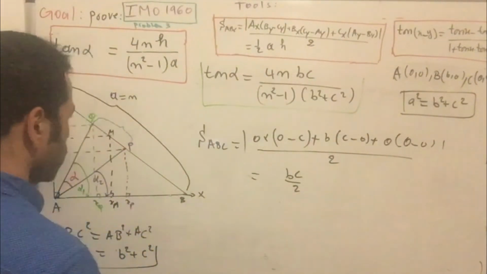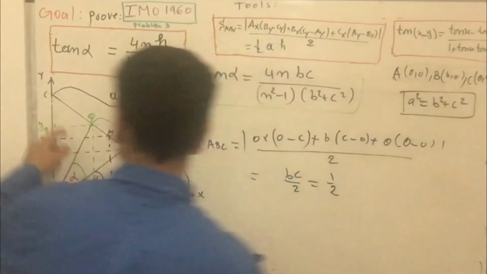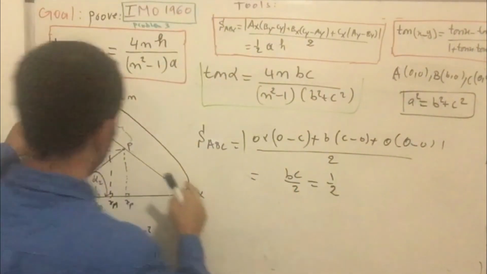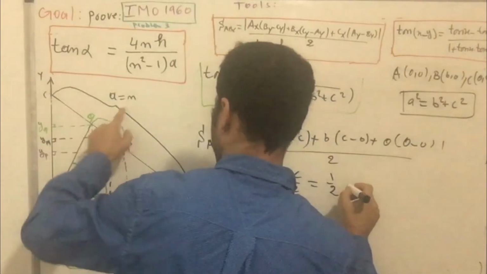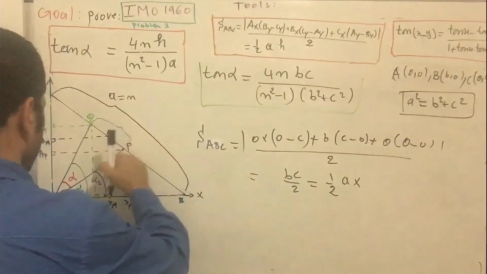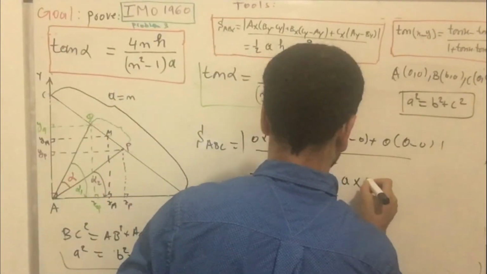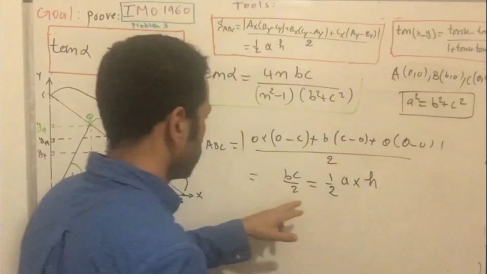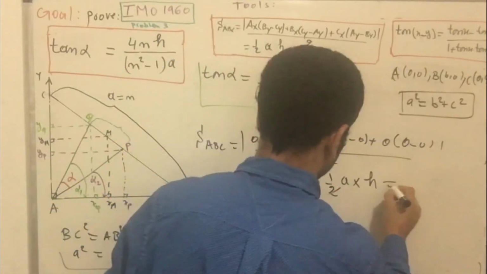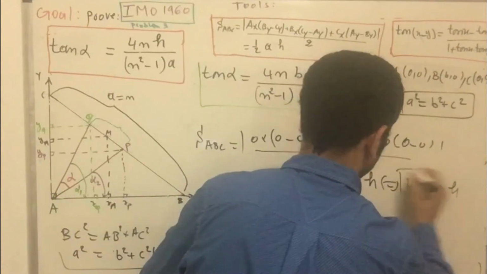So the area of this triangle also equals 1 over 2 multiplied by the hypotenuse, which is BC, which is a, multiplied by the altitude, the height from point M to A, which is h. Now let's simplify: BC equals a multiplied by h.